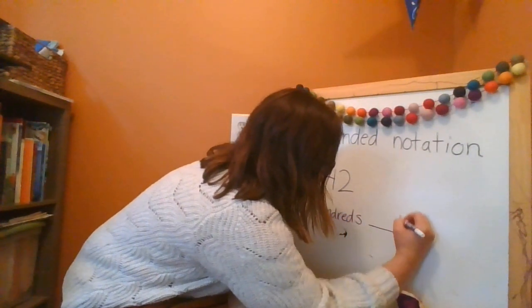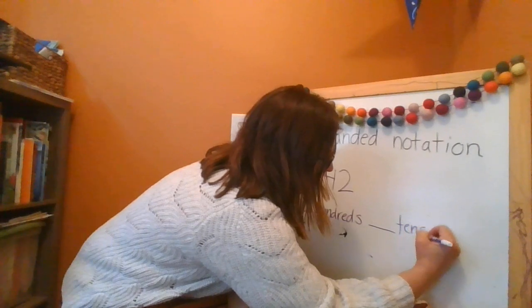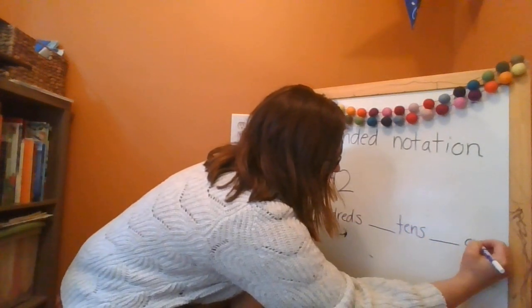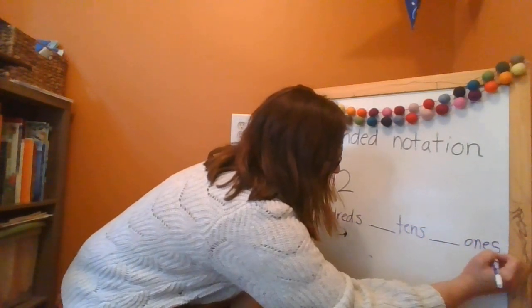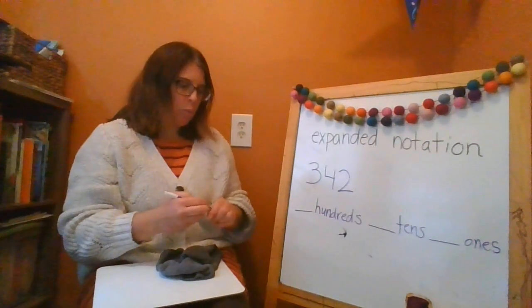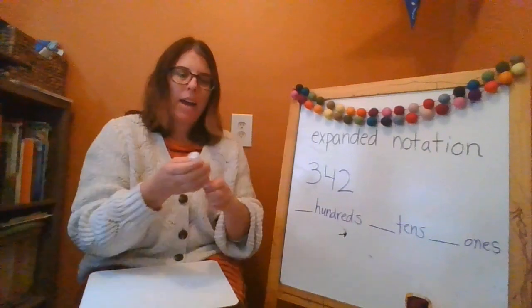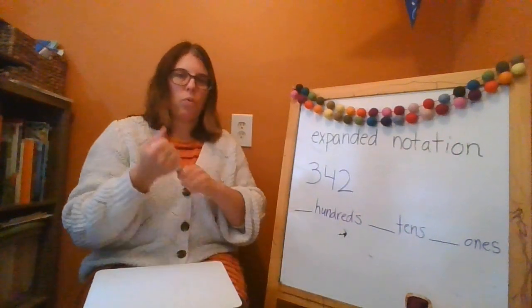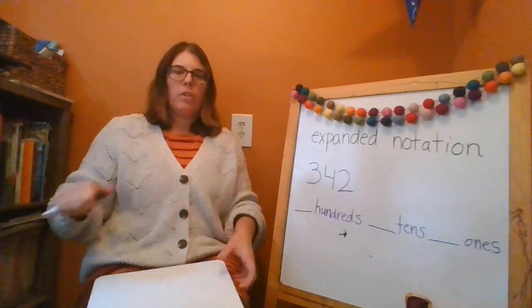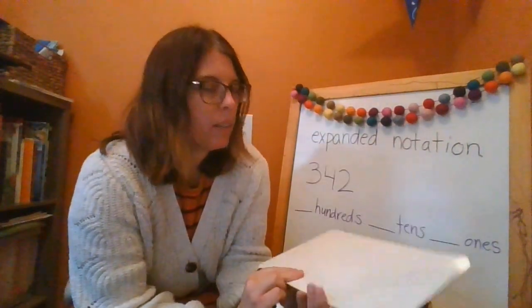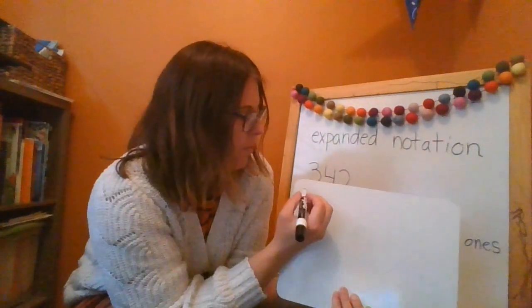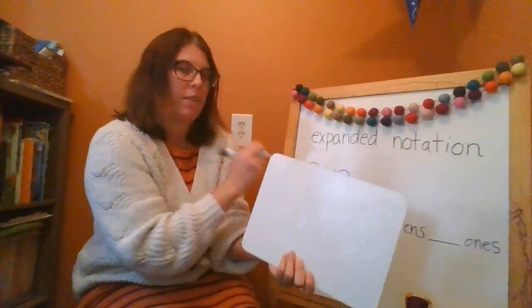How many tens? How many ones? How many hundreds, tens, ones? Okay, so let's start by drawing the number 342 on our papers, okay? Or on your board. So we first have to get up to 300, so let's do that.